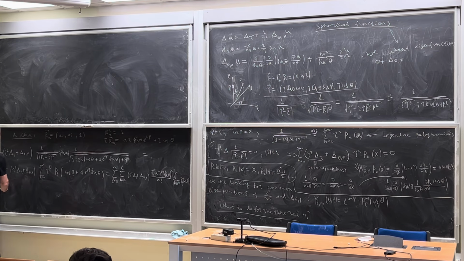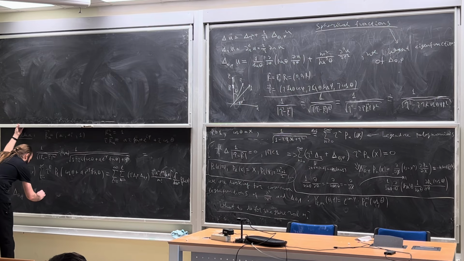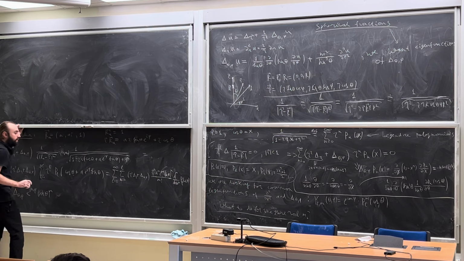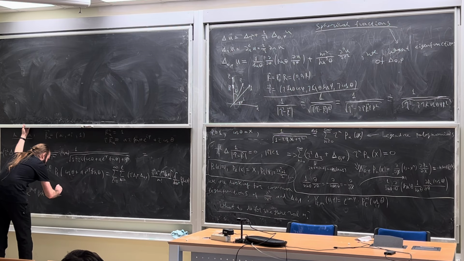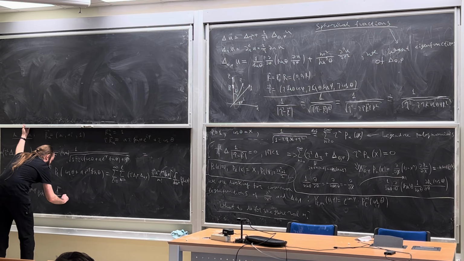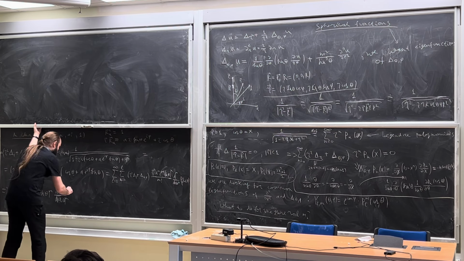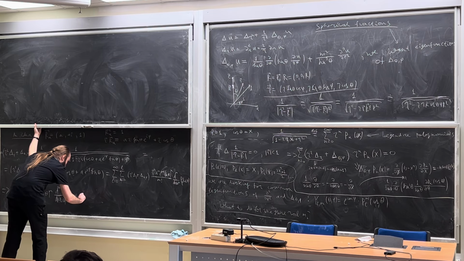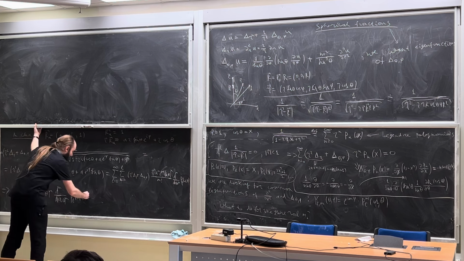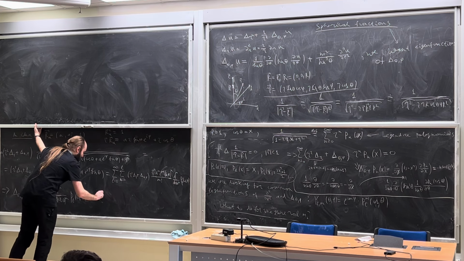So this Laplace operator acting on e to the i m phi times sine theta to the m again equals minus l times l plus 1.